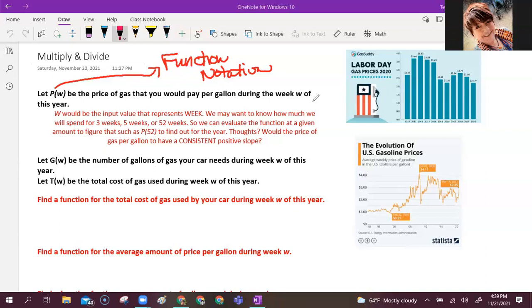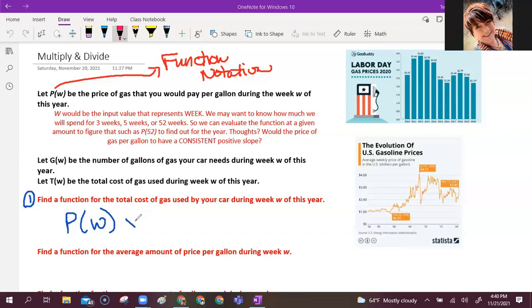All right, number 1 says find a function for the total cost of gas used by your car during the week. Total cost. Well, we already know the price per gallon. That's P of W. That might be $3.58. Well, then we're going to take that $3.58 and multiply it by how many gallons we're putting in our car.